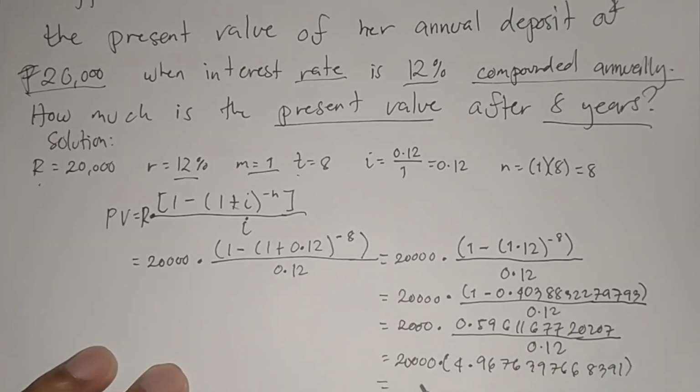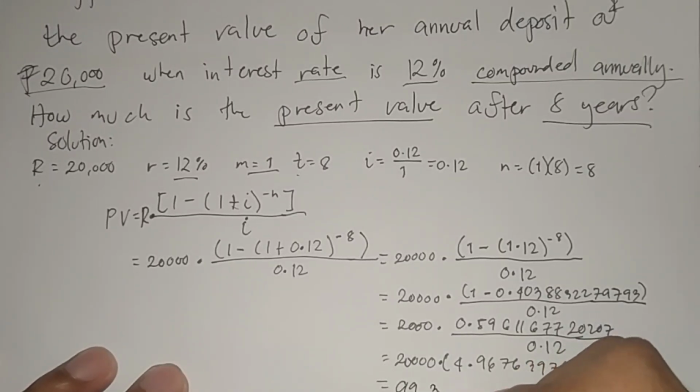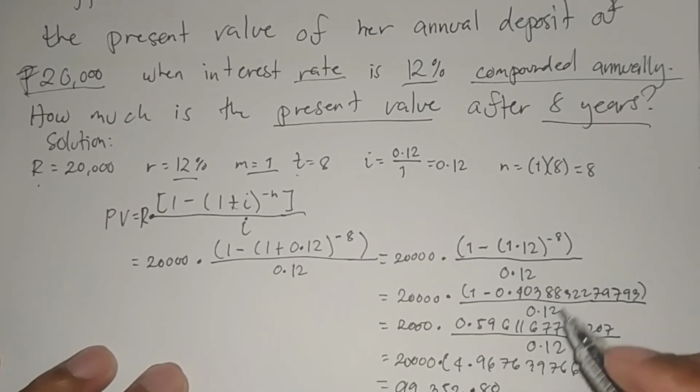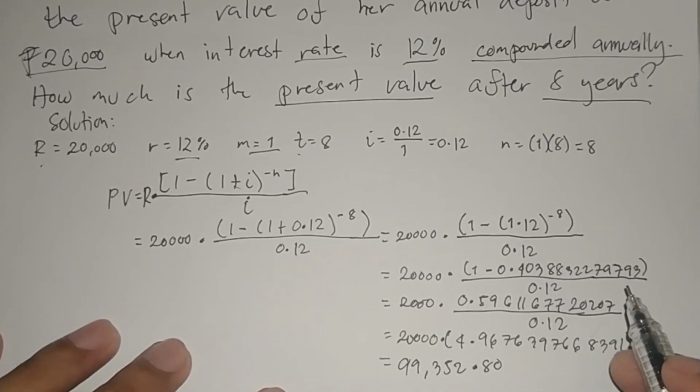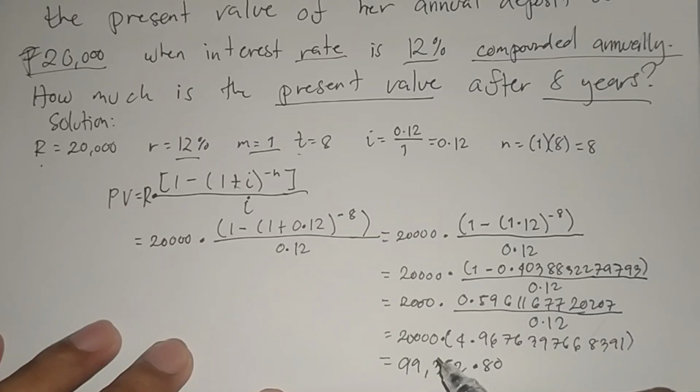And last, 20,000 times 4.96 will result to 99,352.80. Okay, so this is Mrs. Caldero's present value.